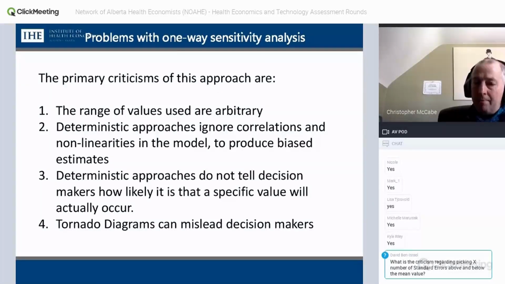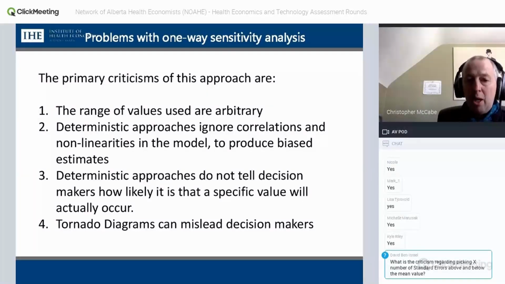So just because there exists a possible value that would change the decision from fund to don't fund or vice versa, if there is a 60% chance of that value being observed, or values in that range more likely being observed, that is very different from if there's a 1% chance of values in that range being observed. How a decision maker would process that and use that information, I think, is very different under those two scenarios.